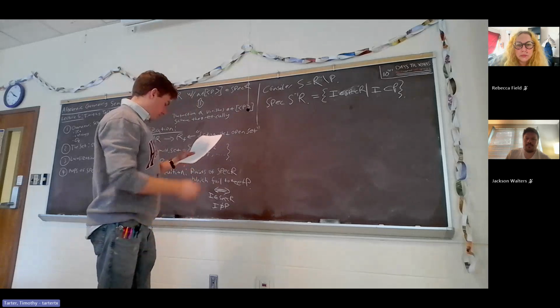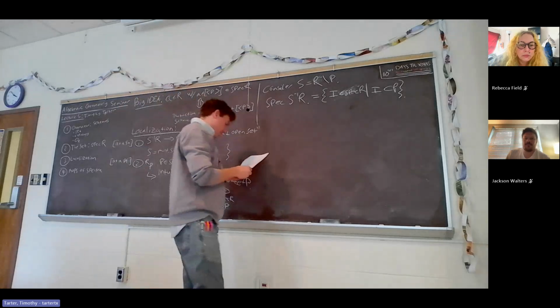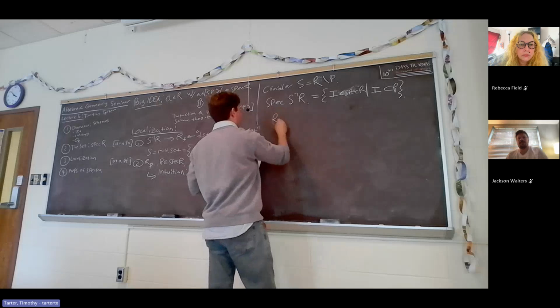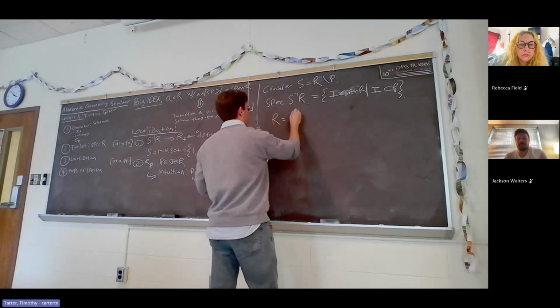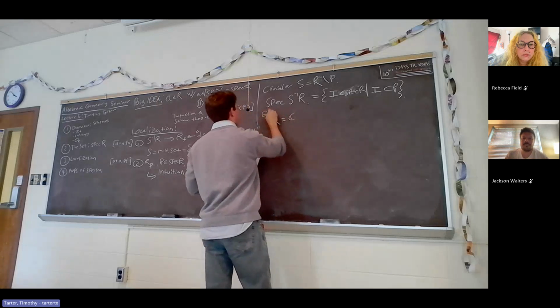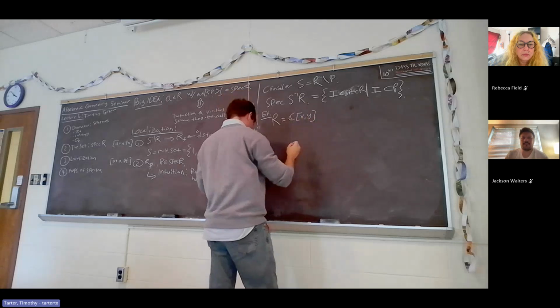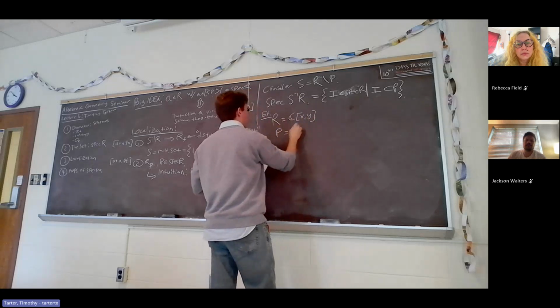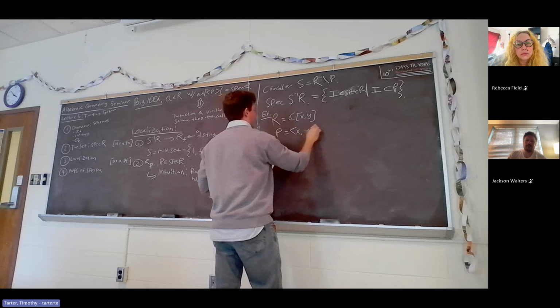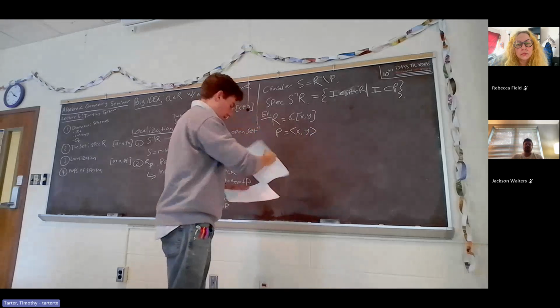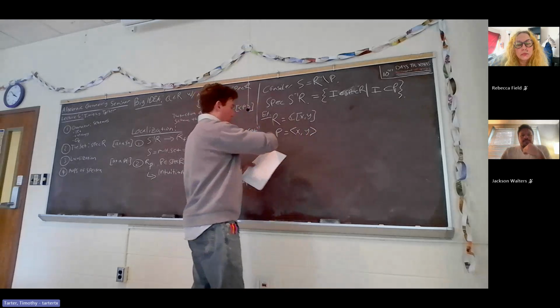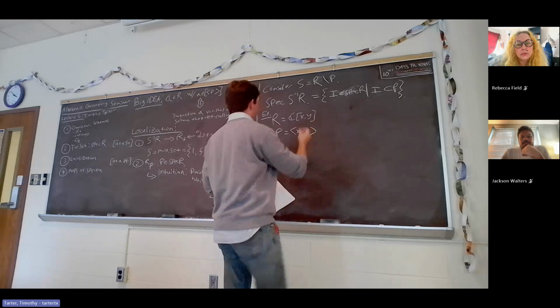Let's see. In the example with R equals C[x,y] and P equal to the ideal (x, y), then we keep all points corresponding to things near the origin.